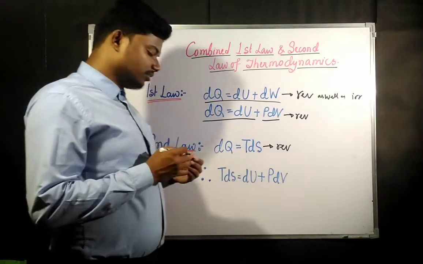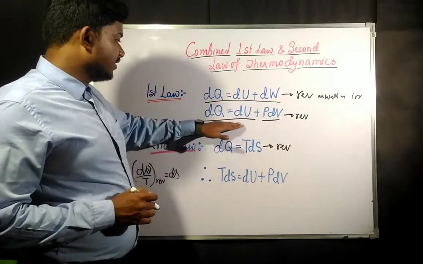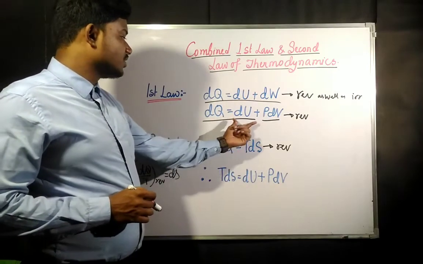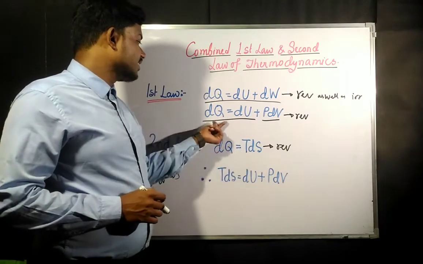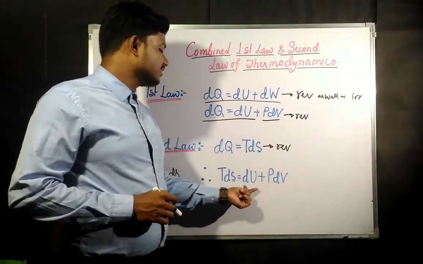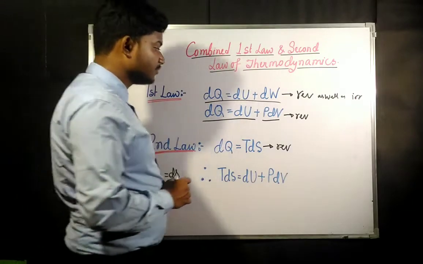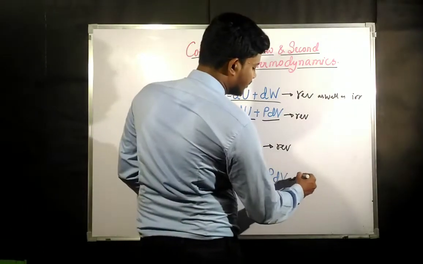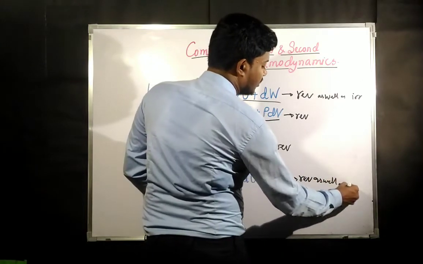So if you put that in place of dq, if you write TdS, then your equation becomes TdS equals du plus PdV. But here this is valid for all cases, reversible as well as irreversible.